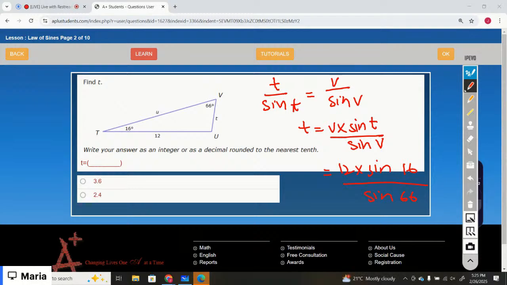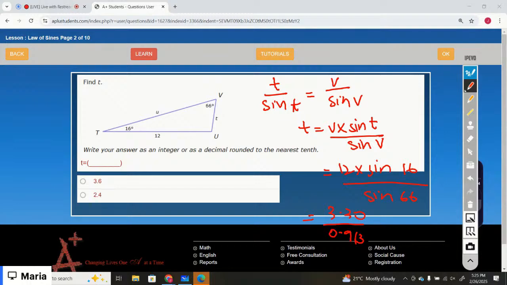Sine 16 is 0.2756. 0.2756 times 12 is 3.30, divided by sine 66, which is 0.913.